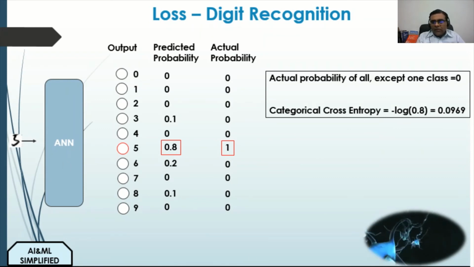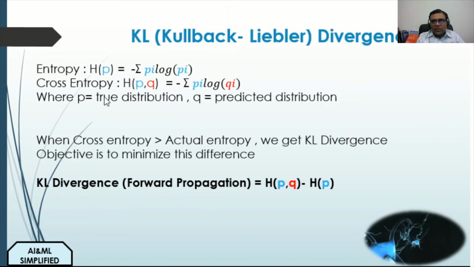So having looked at cross entropy, let's look at another form of loss function called KL divergence. As we have seen the different forms of entropy and cross entropy formula, since we are trying to predict the probability, if the predicted probability distribution is the same as the actual probability distribution, the cross entropy in this formula will become the same as the entropy.